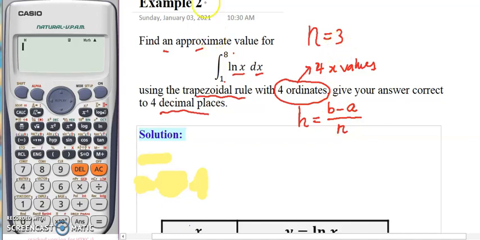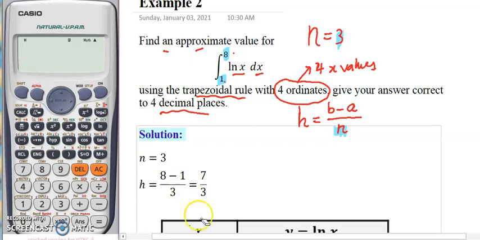In this case, we are using n equals 3, and a and b correspond to 1 and 8 in the integral. Therefore h by calculation is 8 minus 1 over 3, and the result is 7 over 3.